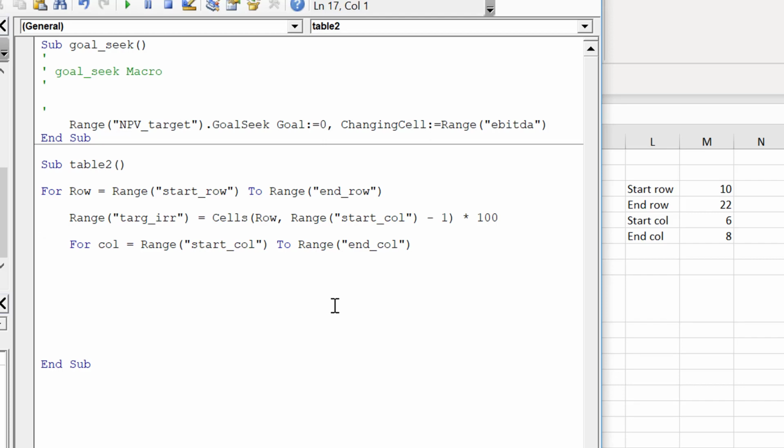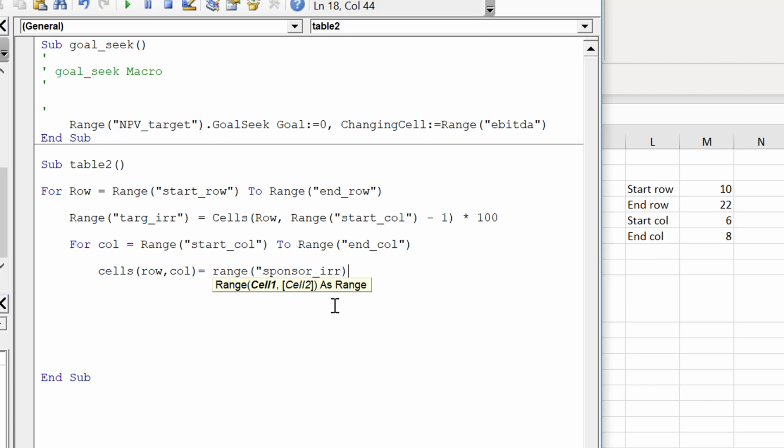Okay, and then we're going to put a couple of those outputs in here. We put cells, row, comma, column, equals range sponsor IRR.